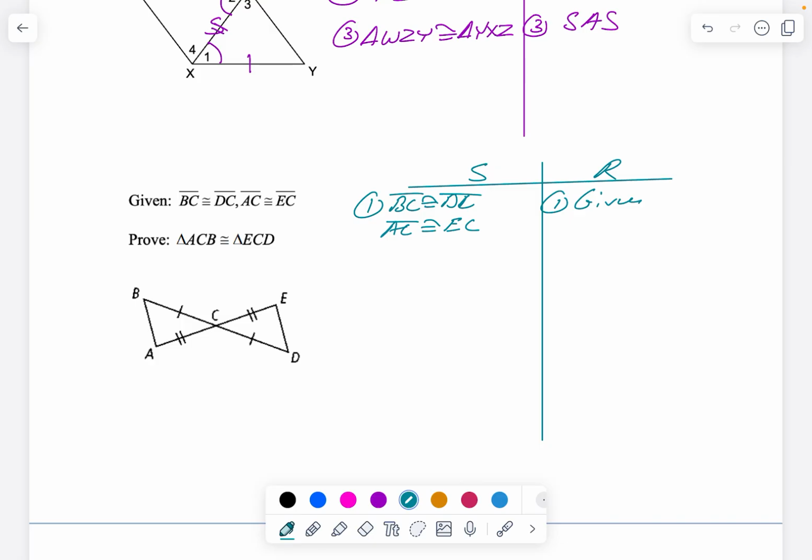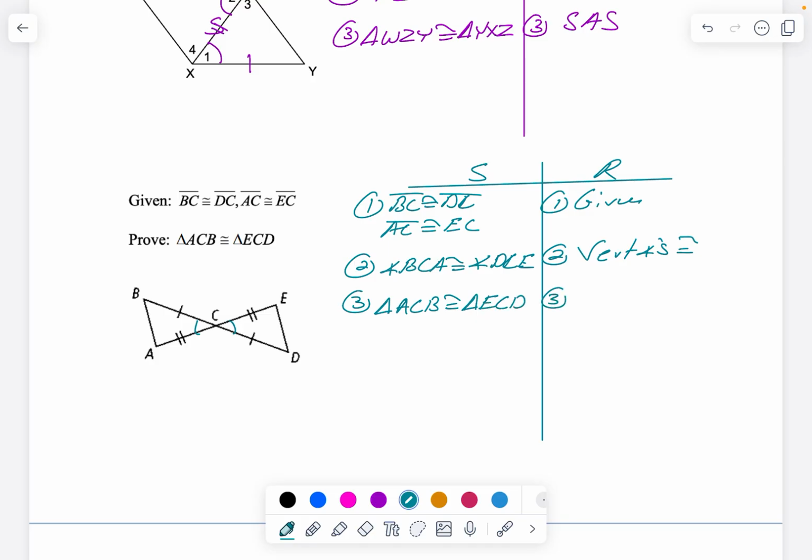So we don't have the third side, but remember when we see that X, we have those vertical angles congruent. So we can say angle BCA congruent to angle DCE, and that is vertical angles congruent. And now we can say triangle ACB congruent to triangle ECD by side, angle, side.